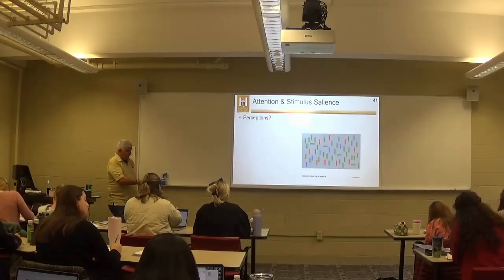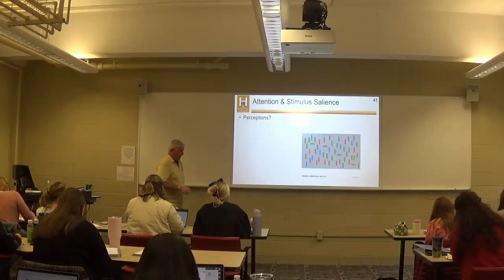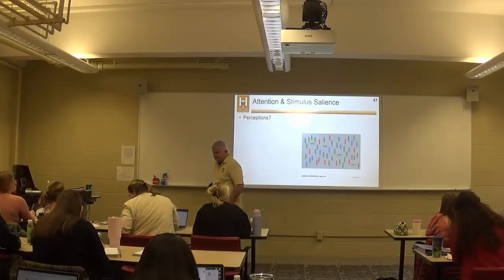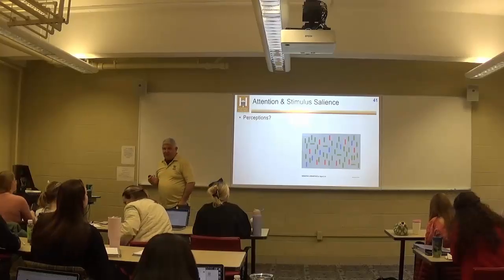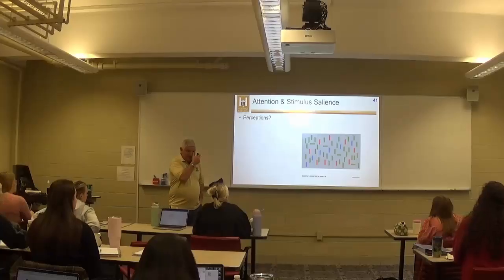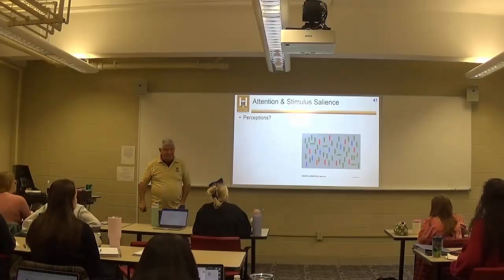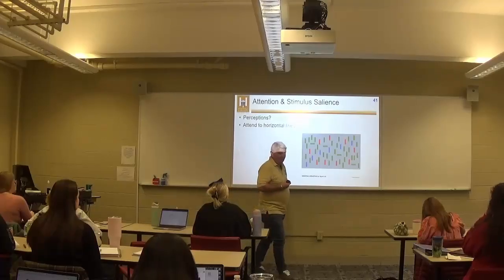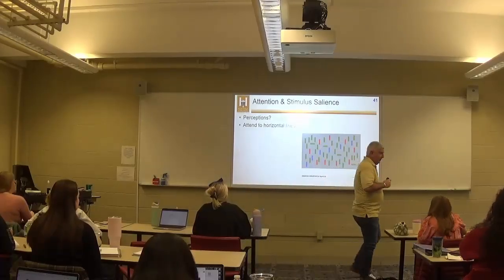So when you look at this image down here, what are your perceptions? This is called phenomenological descriptions. What do you see? There's mostly green. Mostly green? Okay. What if I tell you attend to the horizontal lines? What do you see? Do you see a pattern?